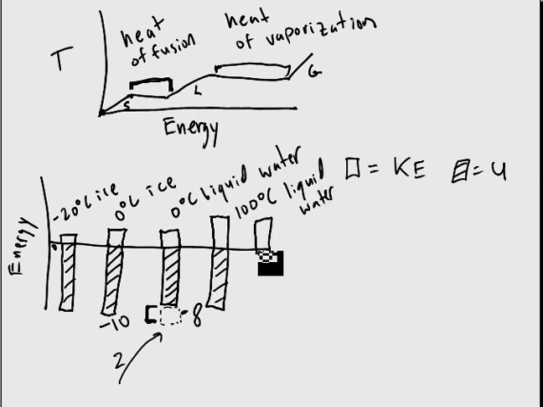Again, we'll have the same temperature, so the same kinetic energy, but now the gas has no potential energy. We're assuming it has 0 potential energy. So there's this whole section of energy that you had to put in to get to this level. If this is at 0, we would have had to add 8 units of energy to the liquid to get it to the gas, and that all goes into potential energy.